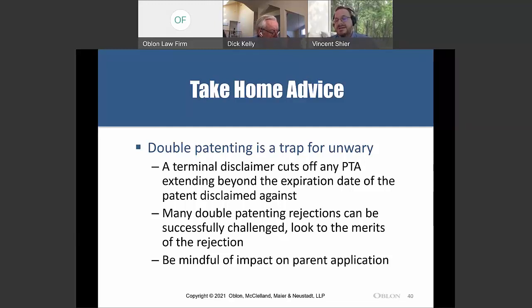So a careful analysis has to be made as to whether the disclaimer is appropriate and whether you could live with that disclaimed term, as well as the joint ownership aspect.